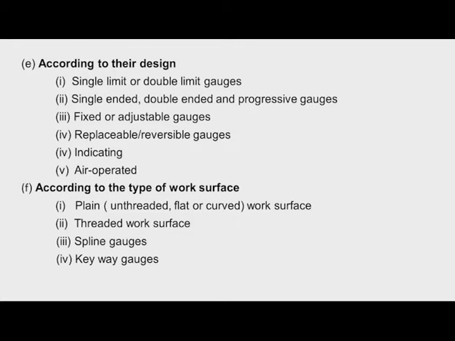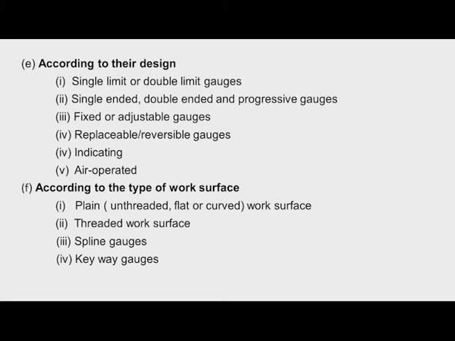Now according to their design, they are classified like whether they are single limit gauges or double limit gauges, single ended, double ended, or progressive gauges, whether they are fixed gauges or adjustable gauges, whether they are replaceable gauges or reversible gauges.